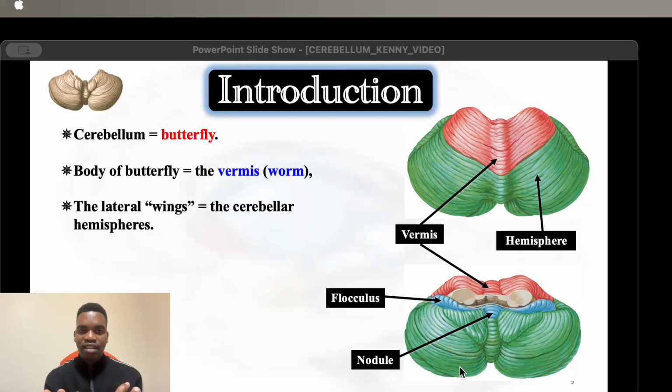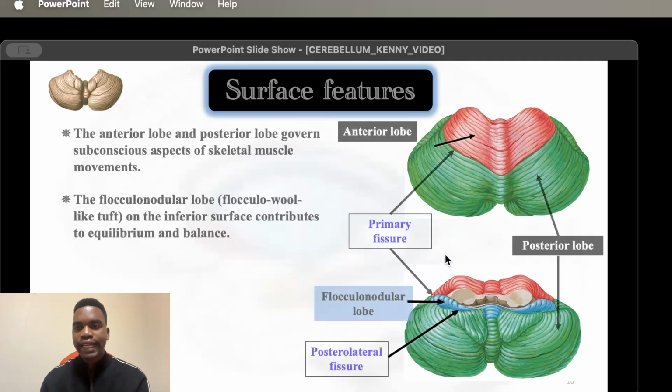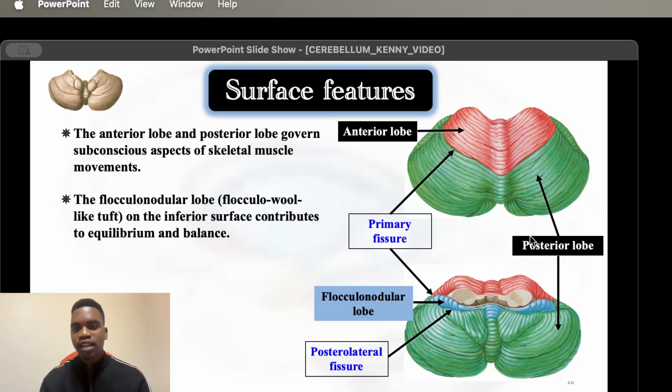The surface anatomy of the cerebellum is not a problem at all, because we have just a few structures. Now let us add a little bit more to the existing structures.